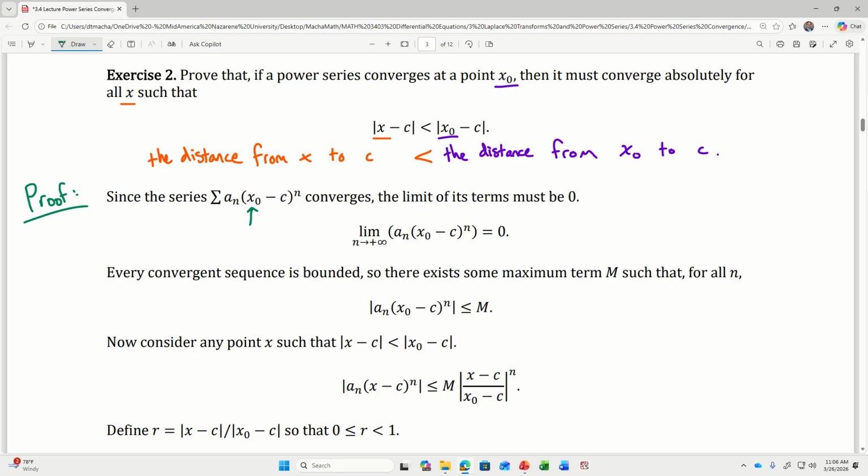Then we consider any point that is closer to the center than the point x0. And the difference here is that instead of looking at x0, we're looking at just plain x.